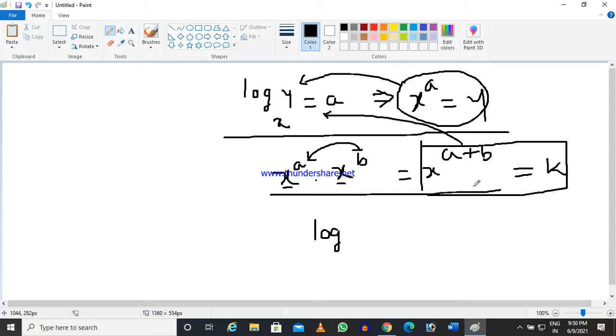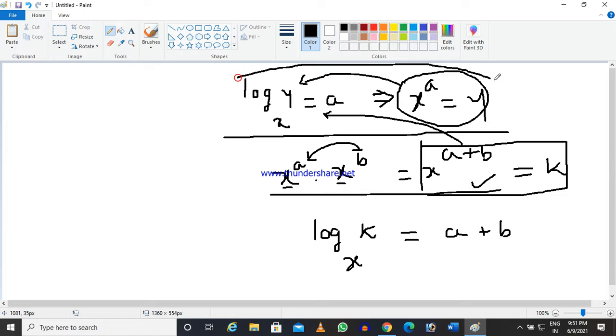So we can write log k to the base x is equal to a plus b. Okay, same as I have written this. You see, x to the power a plus b is equal to k.